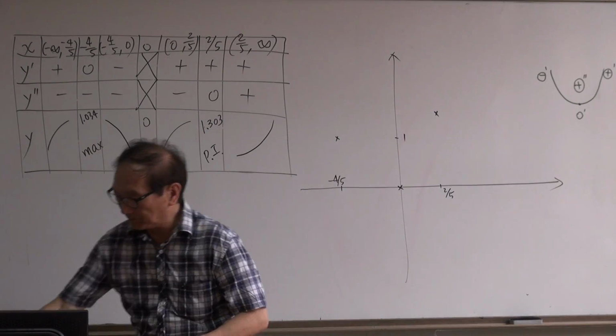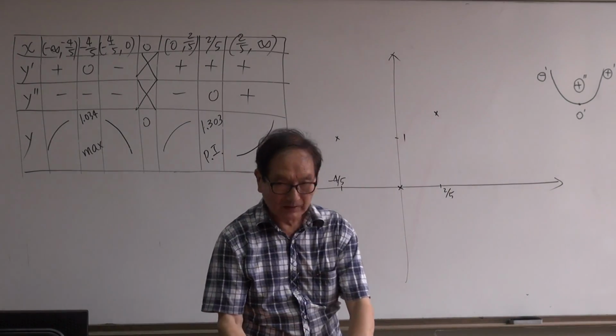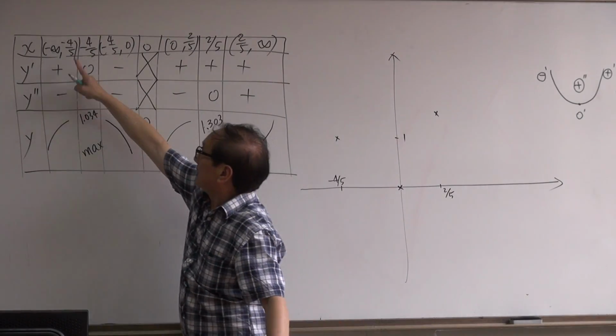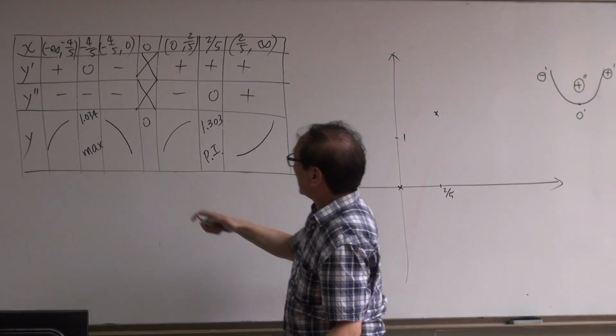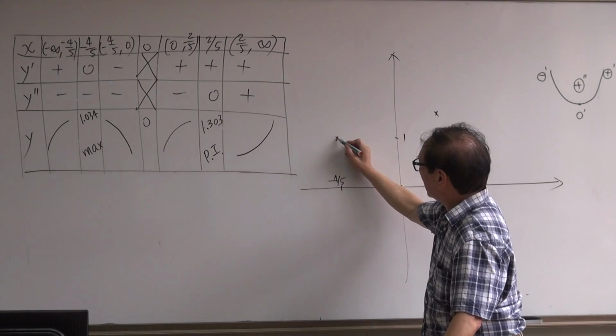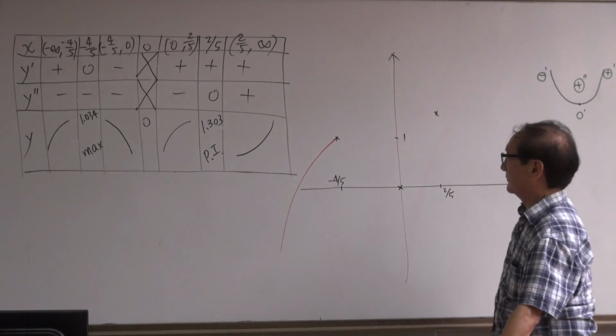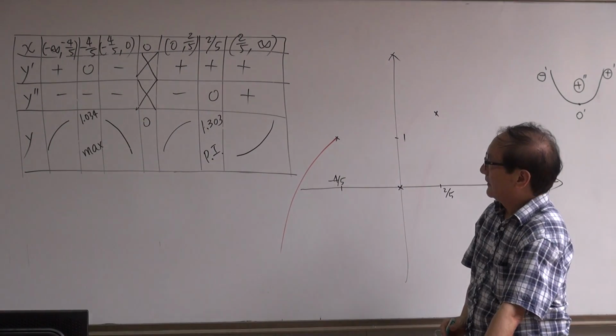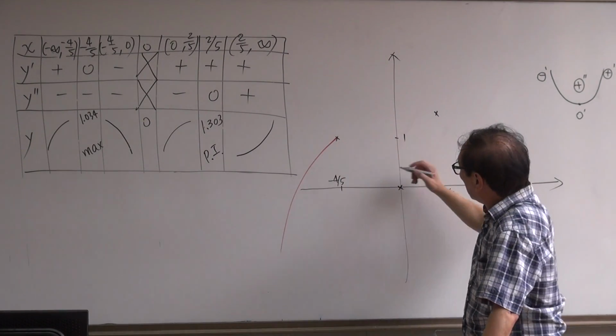Then we join these points by a smooth curve. From infinity to this point is this shape. It goes like this, right? See? From infinity to this point, and then slowing down to this point.